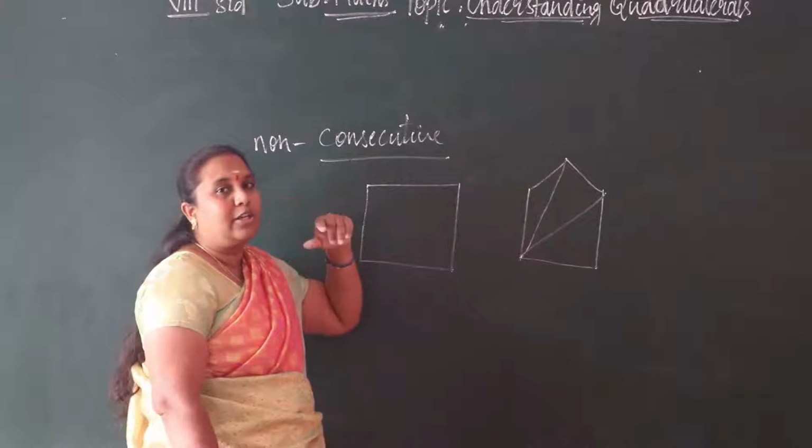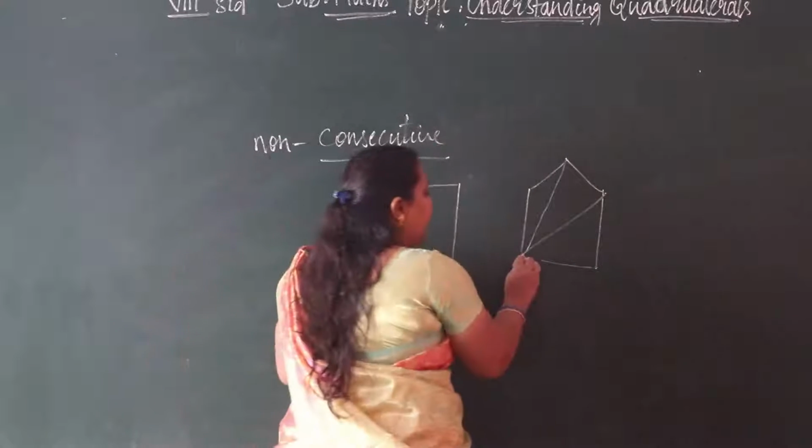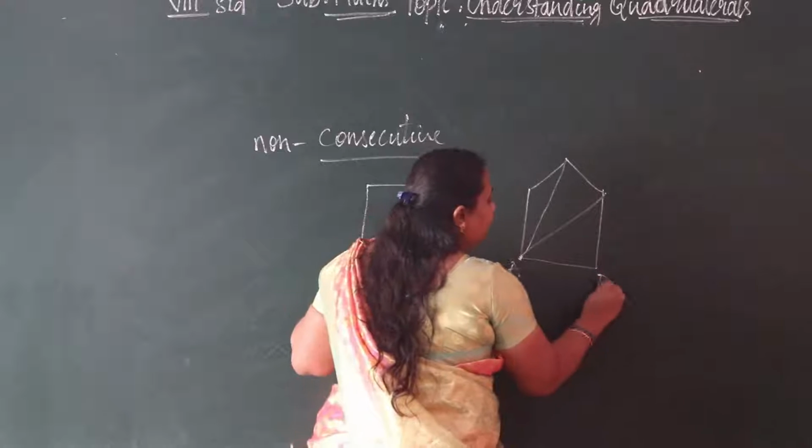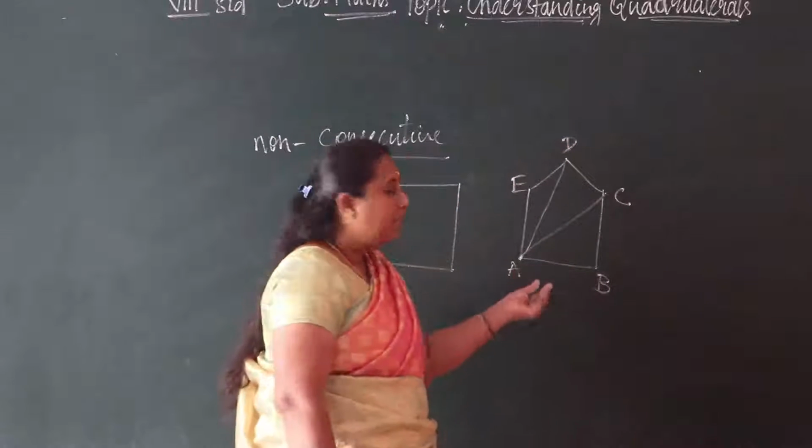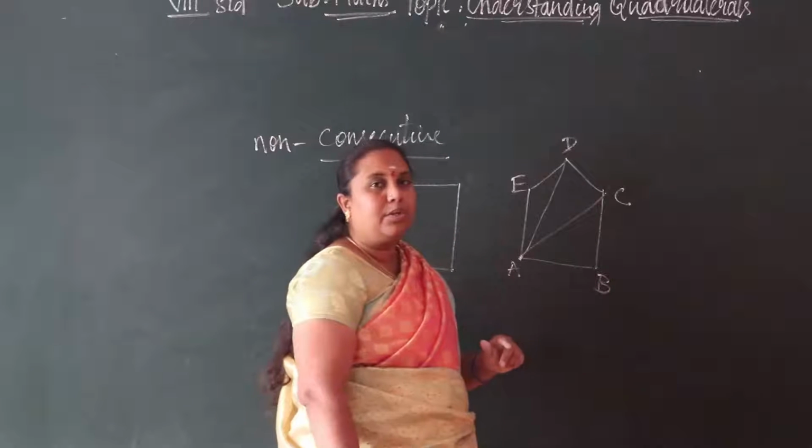What is meant by consecutive? See here, these vertices A, B, C, D and E. Here we can say A and B are consecutive vertices.